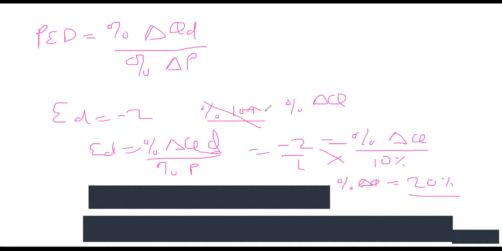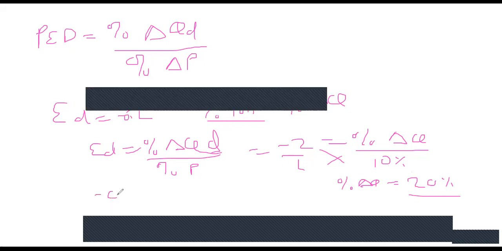Suppose instead we are told that the same percentage change in price is 10%, but instead of -2, we put -0.2. We cross multiply: -0.2 is equal to the percentage change in quantity demanded over the percentage change in price of 10%.